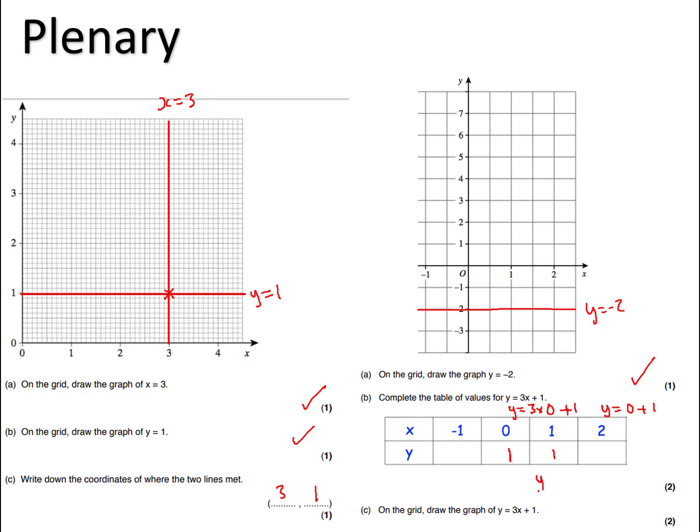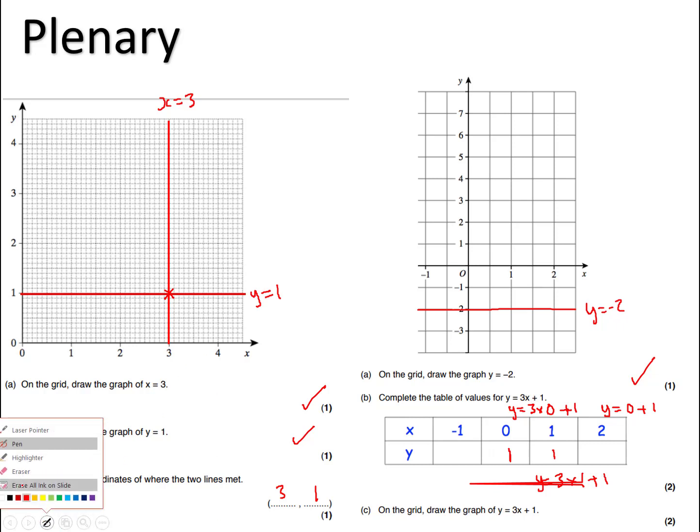I'll rub that out later. So next, y equals 3 times 1 plus 1. I don't know why I did that. Let's use an eraser.